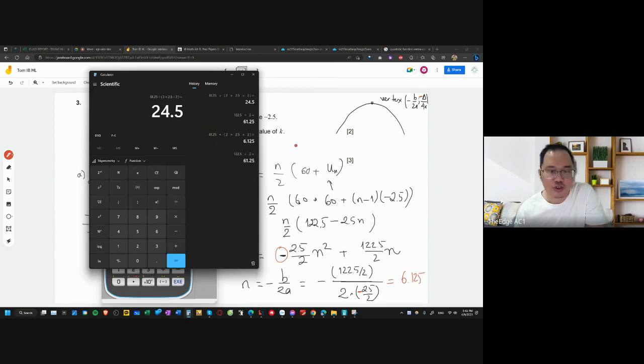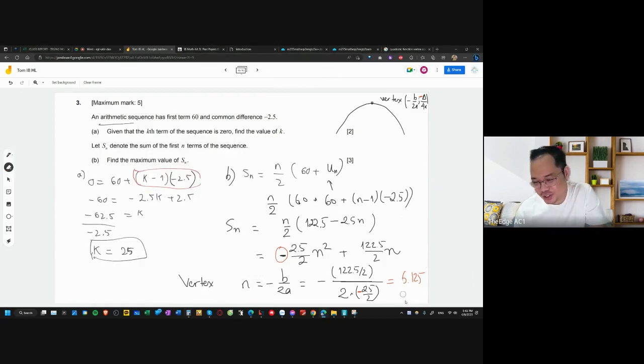Okay. So that was a wrong calculation last time, huh? 24.5. Yeah. Now it is the same as the calculator. Of course, we have to round up to 25 because N is an integer. It cannot be a decimal value.